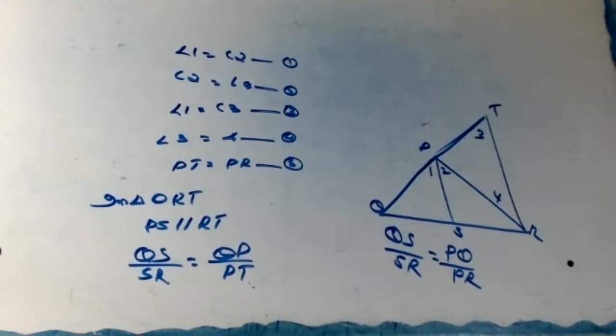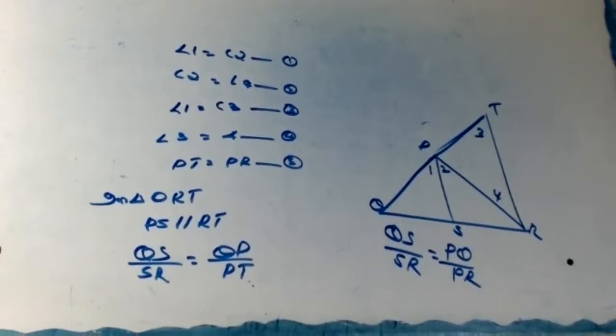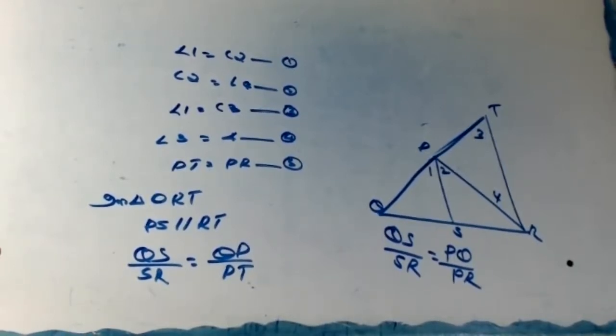Therefore, QS by SR equal to PQ by PR. Okay, finish now. Is it okay?